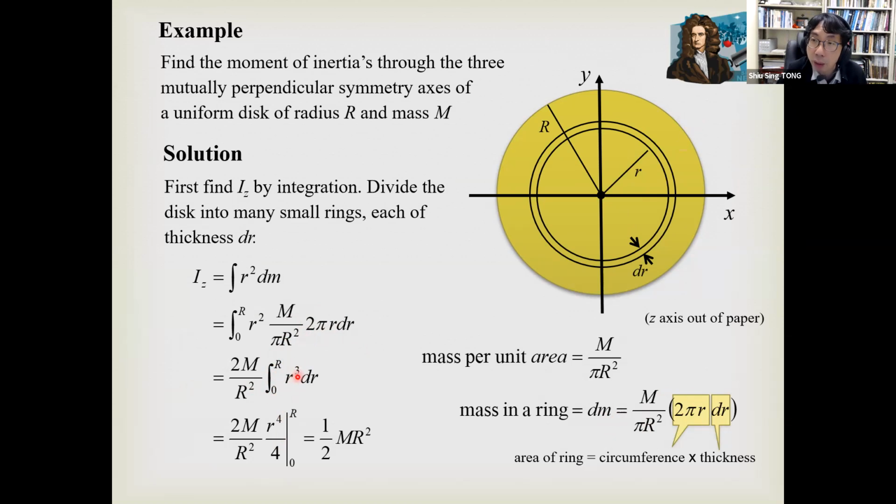I integrate small r cubed, and that becomes r to the power 4 divided by 4. When I evaluate at the upper limit, I get 1/4 of R to the power 4. After canceling 2 of the R here, and also the 2 cancels with the 4, that gives me 1/2. So I get 1/2 mR squared. So that is the result.